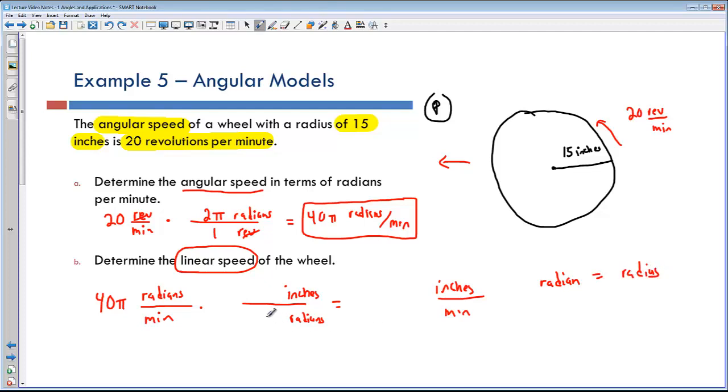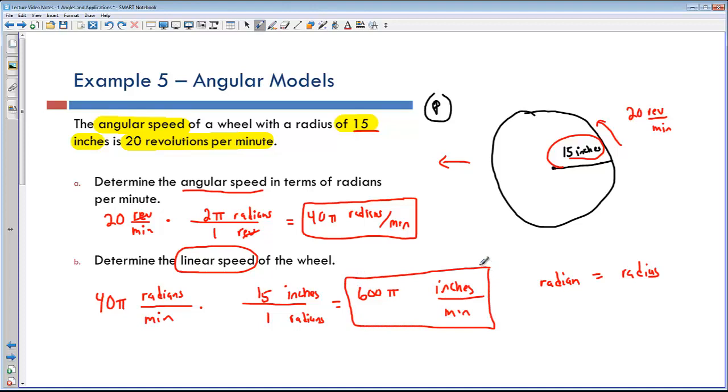So if you have 1 radian, that's 1 radius, and 1 radius, remember, is 15 inches. So in 1 radian, there's 15 inches. And so then we do this multiplication, 40 times 15, which is really 40 times 10, which is 400, and then 5 times 40, which is 200. So you're going to get 600 pi inches per minute. And that's the linear speed.